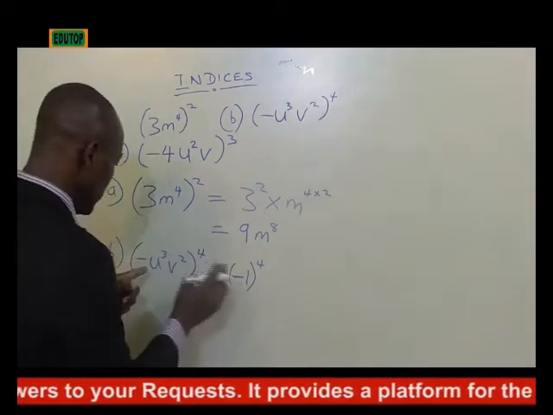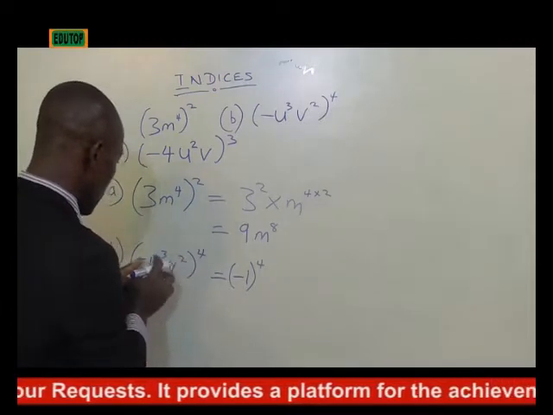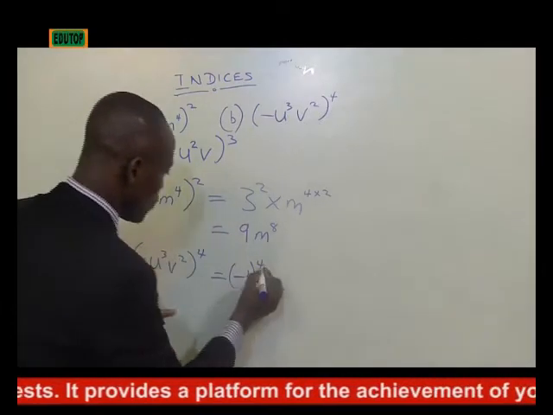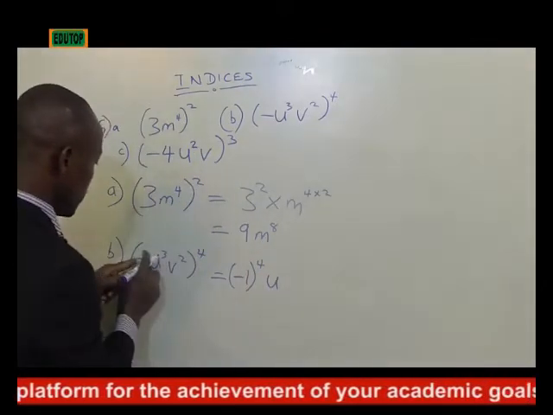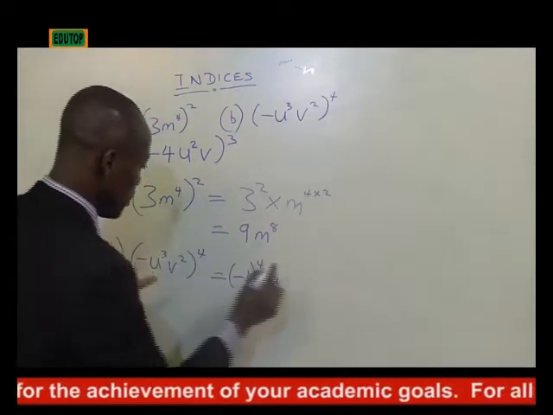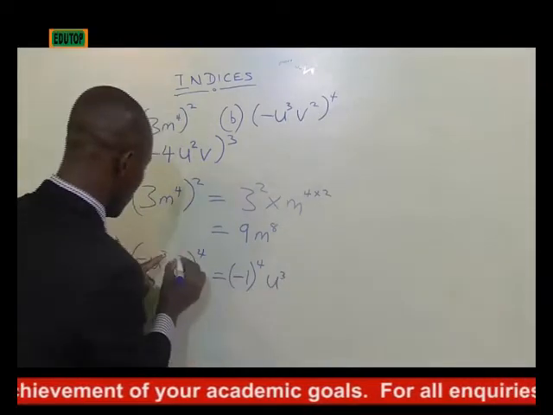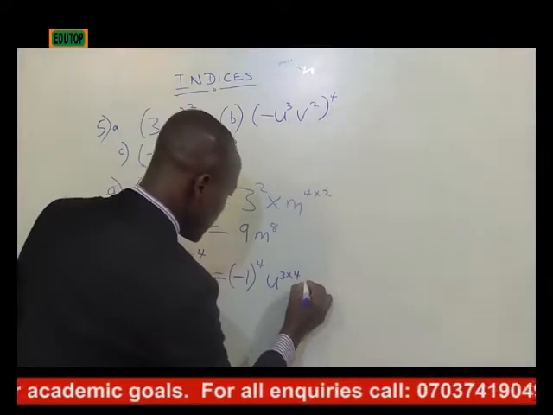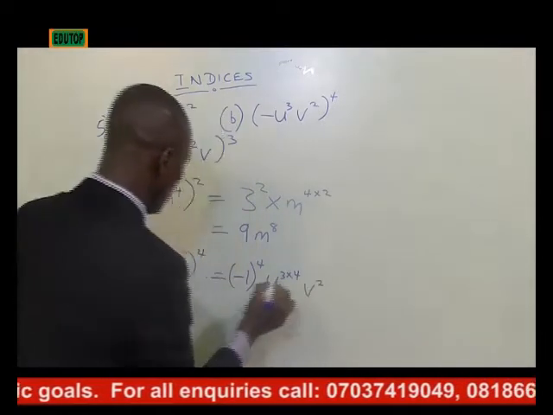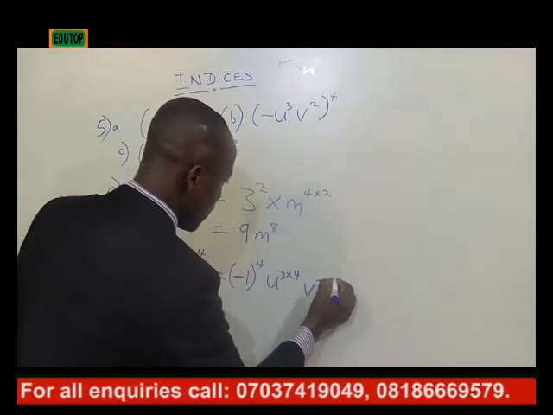So minus 1 times everything here will give us minus u cube v squared. So we now have minus 1 raised to power 4, u cube raised to power 4, and v squared raised to power 4.